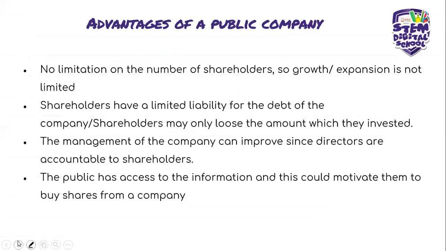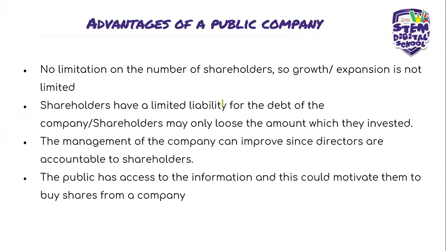More of the good things about a public company: there is no limitation on the number of shareholders. So you can have 1 million shareholders, you can have 3 billion shareholders. You can have as many as you can because this is more public. Shareholders have limited liability for the debts of the company. They don't have unlimited liability.